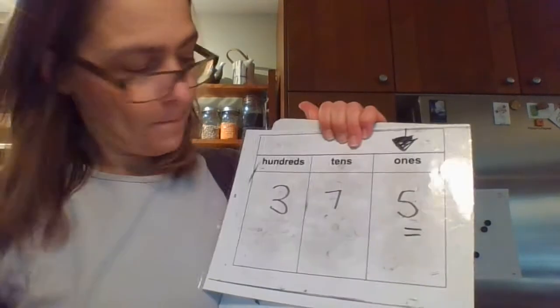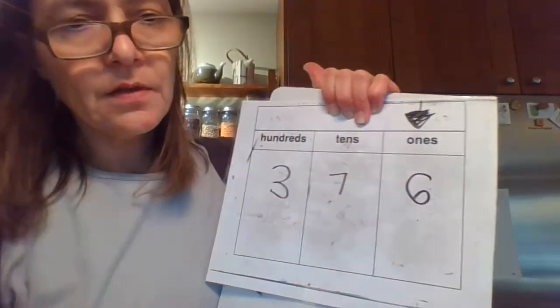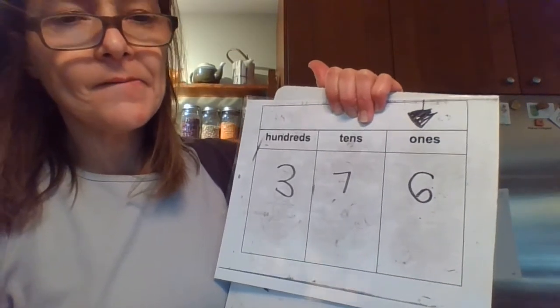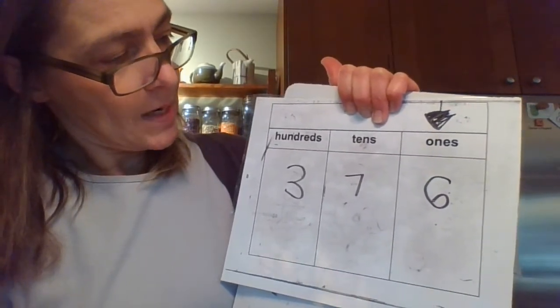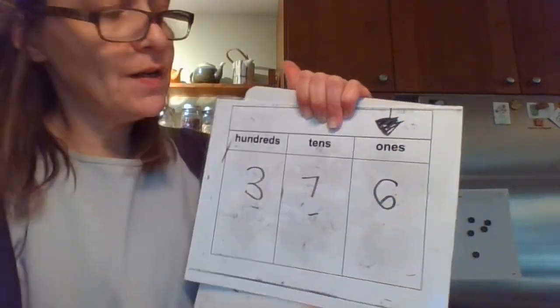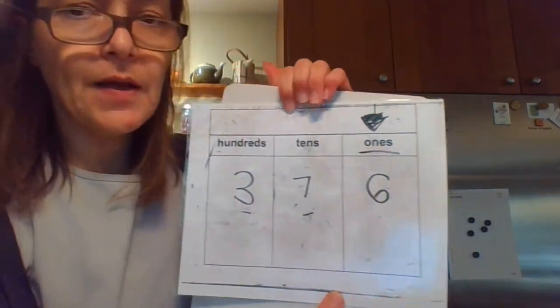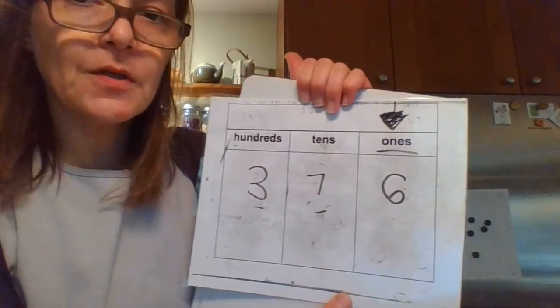Okay. 376 is an even number. These numbers might be odd, but 6 isn't even, and you always look at the ones place value to determine if the number is odd or even.